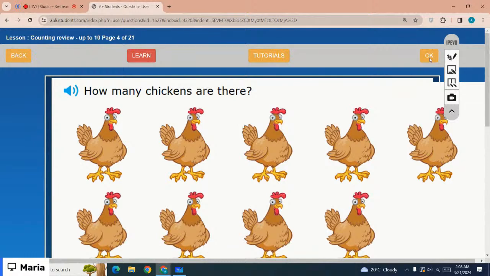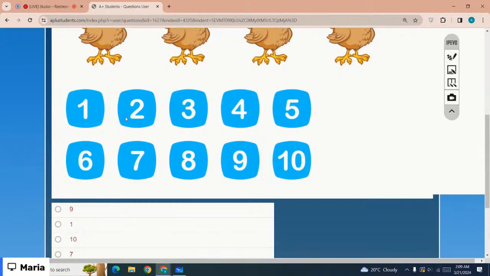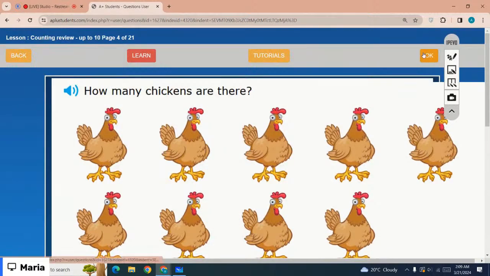How many chickens are there? The correct option is, yes, there are 9 chickens. The correct option is 9. Here is the correct option, and then click on the OK button.